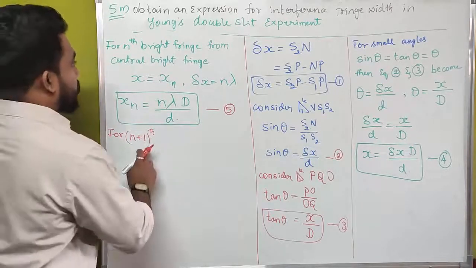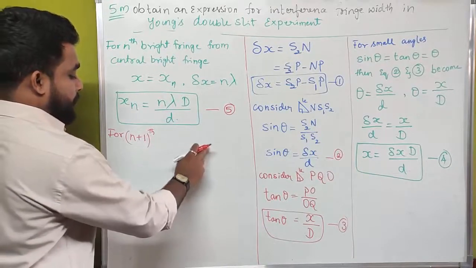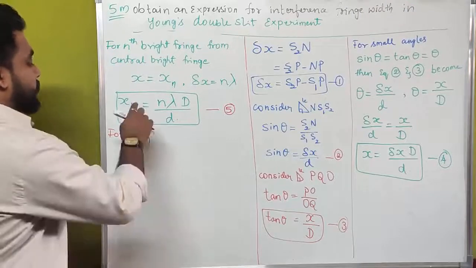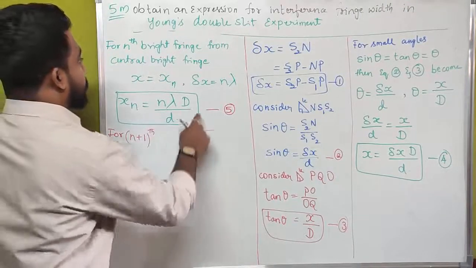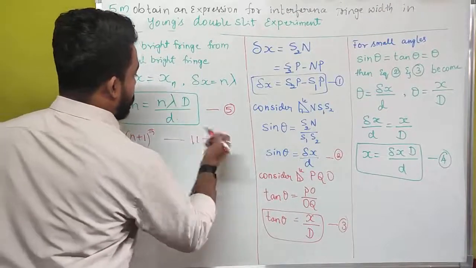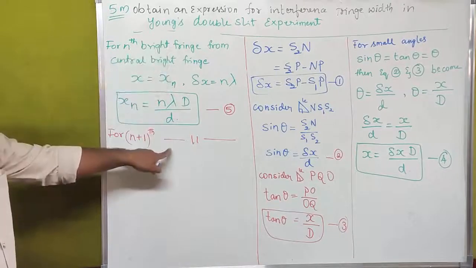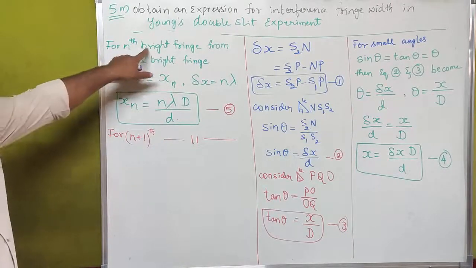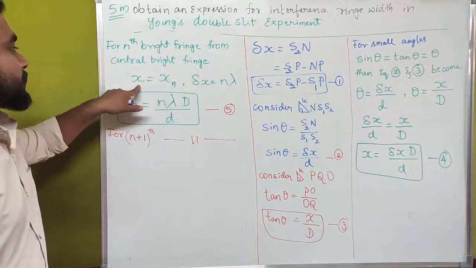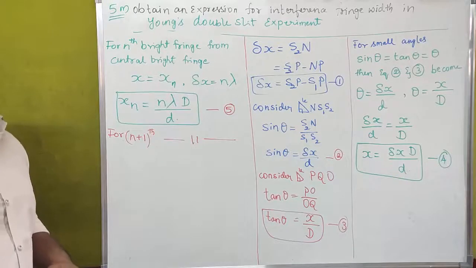For the nth bright fringe from the central bright fringe, x will become xn, and delta x has become n into lambda.